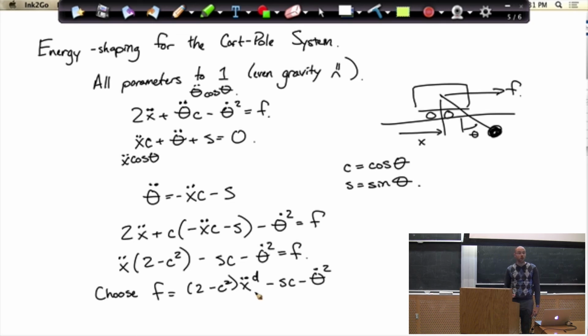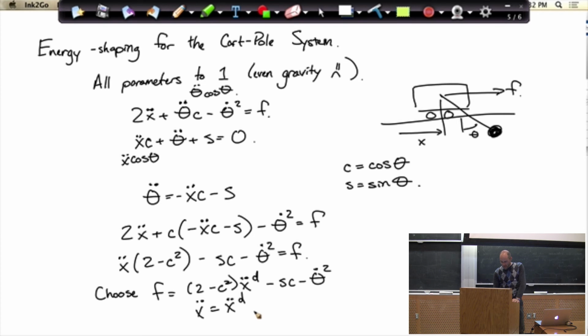Okay. And if I put that back in, what I'll see is that x double dot equals x double dot desired. I can make that claim because 2 minus c squared is never 0, because cosine squared is always going to be less than 1. So I can cancel those out on both sides and say that x double dot is actually going to behave like x double dot desired.